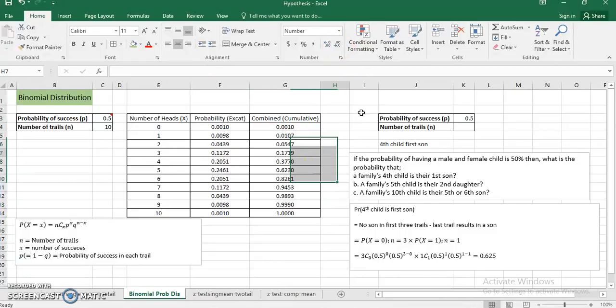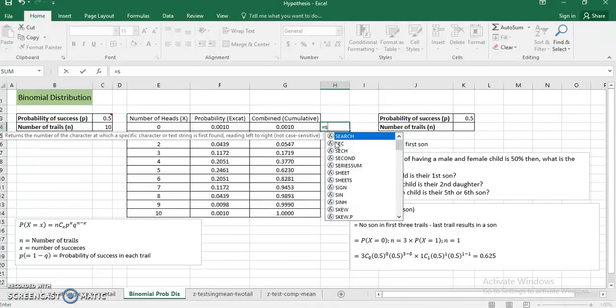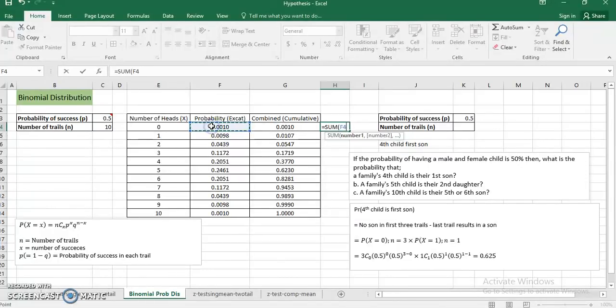Right, fair enough. Now I'll talk about what cumulative means. So rather than speaking much, I'll explain with a manual function, and you'll understand what cumulative means. So is equal to sum, and I'll take the exact match and freeze this particular cell, F4, enter, and I'm going to pull it down.